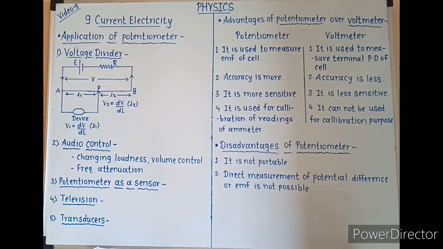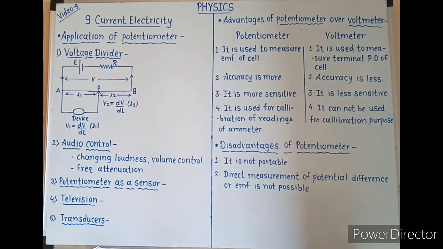So the potentiometer is used for calibration, whereas a voltmeter cannot be used for calibration. So these are the advantages of the potentiometer over the voltmeter.